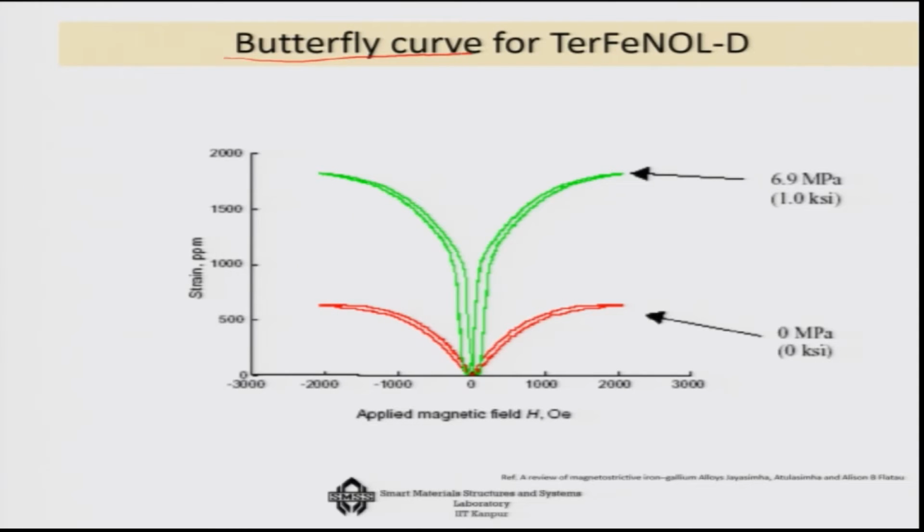Now, if you look at the stress strain relationship in these materials, that is also very interesting. We often call it a butterfly curve. So, what does this butterfly curve mean? If I consider the smaller one where it is not compressed, if I apply positive load and stress it, I am going to get positive strain in the system.